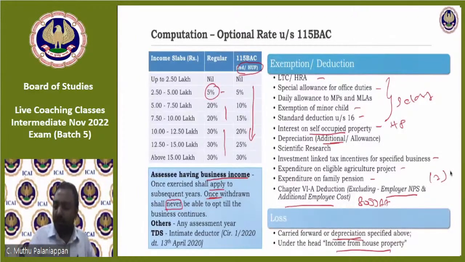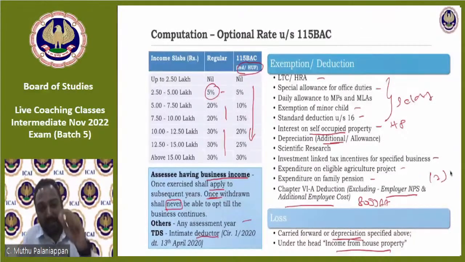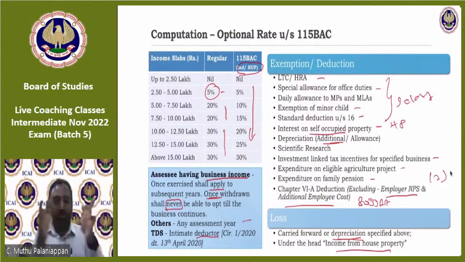And as I told you, for others, it can be applied for any assessment year. For tax deduction, they can intimate the deductor that they are following the new rate scheme. So who is the deductor here? Basically, for a salaried person, TDS is deducted on average rate. Whatever the actual TDS is throughout the year, you calculate it for 12 months and then deduct it month on month.